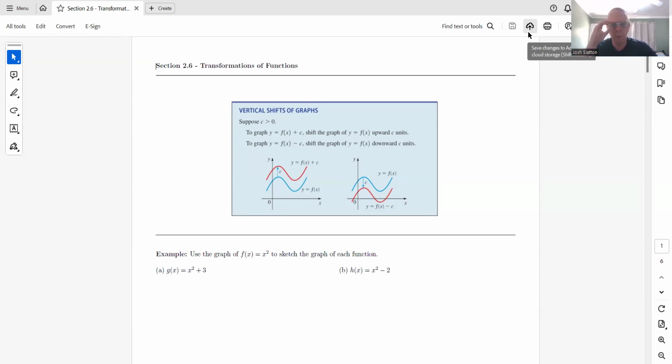It would just take a while. But if you memorize these rules, then you don't have to do that. You can just look at what is happening with this function, and you can tell what happens to the graph.